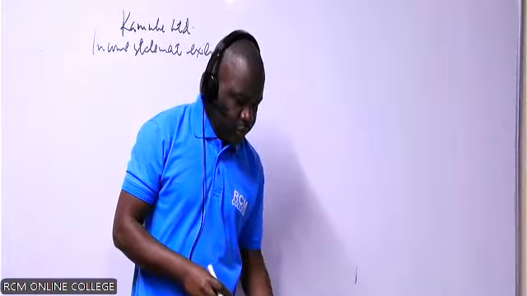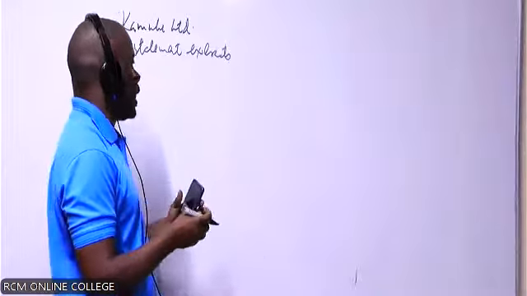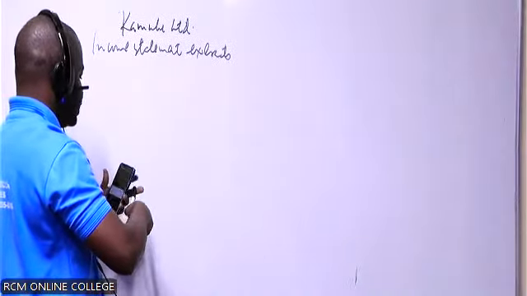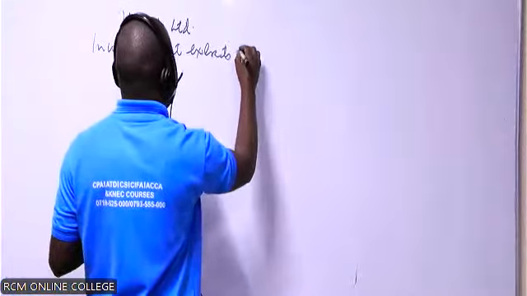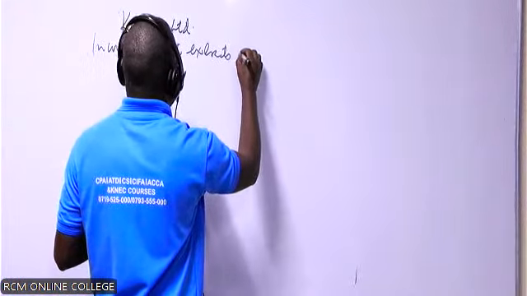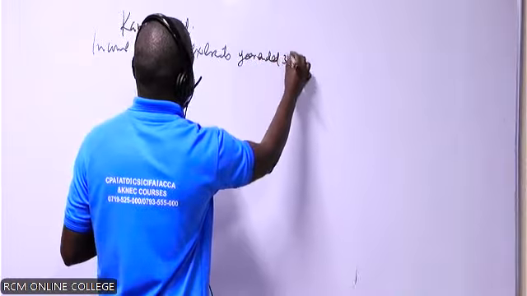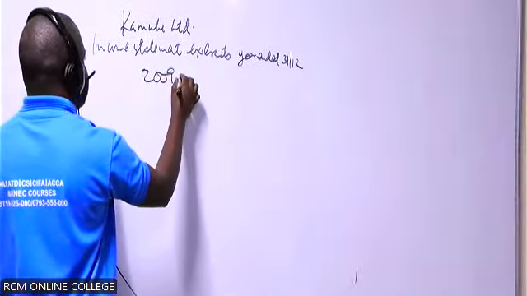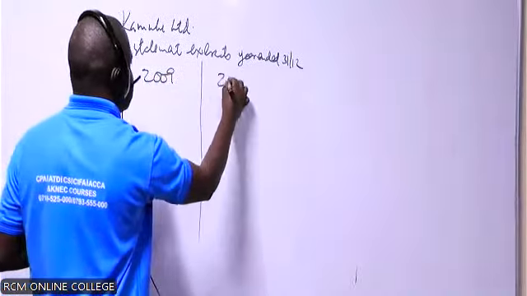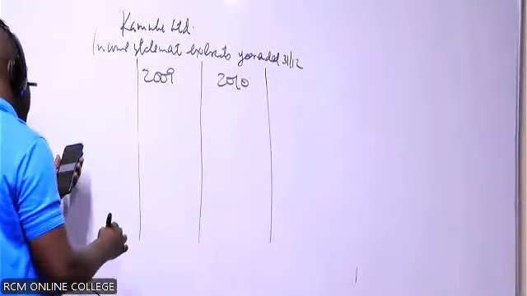They have said for 2009 and 2010, for only 2 years. For 2009, it is the year ended 31st of December. So you have 2 years, 2009 and of course 2010. So only just 2 years.